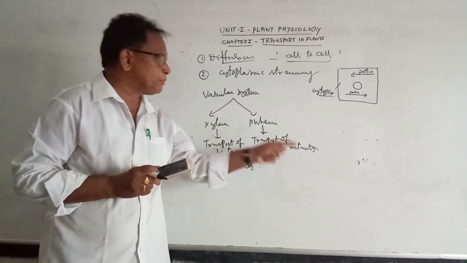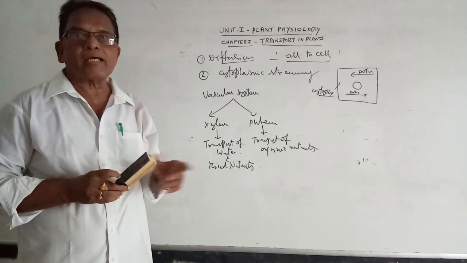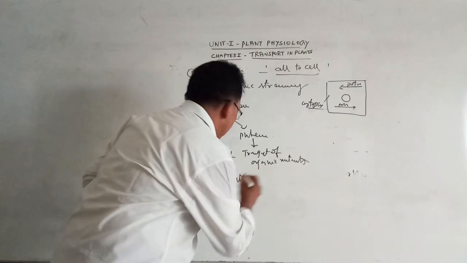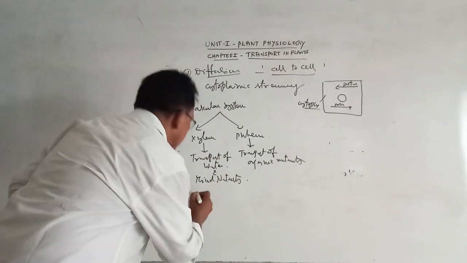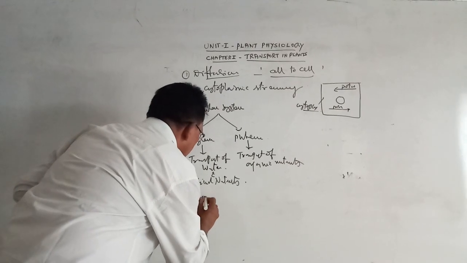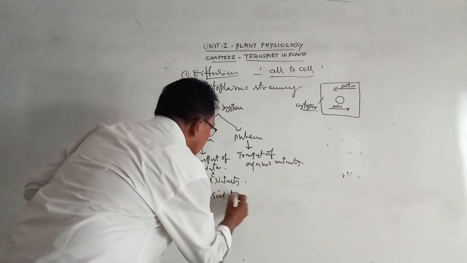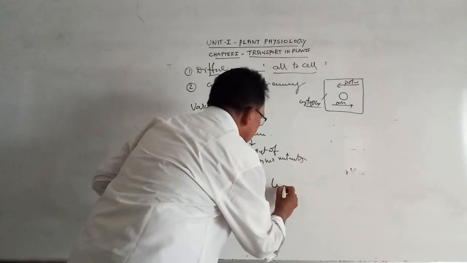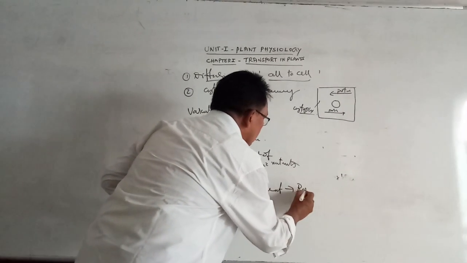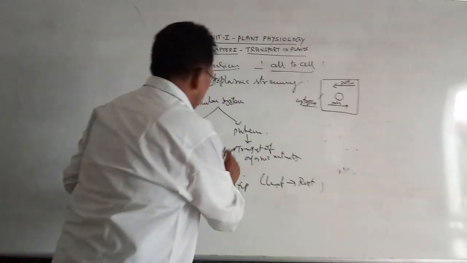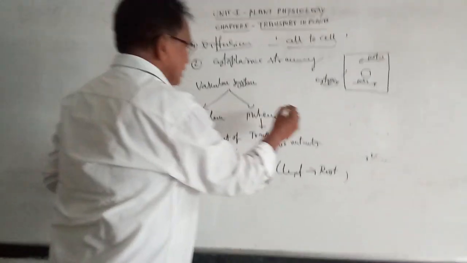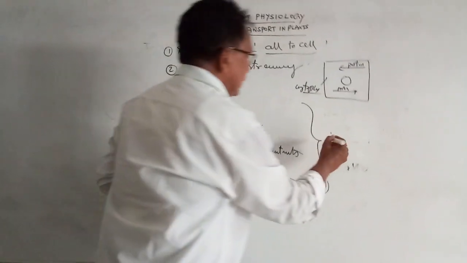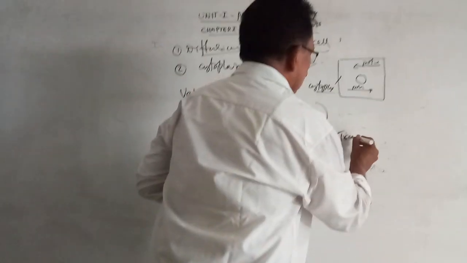Similarly, phloem is responsible for the transport of organic nutrients from the leaf. So this is from soil to tip, and this is from leaf to root. This type of transport is called translocation.